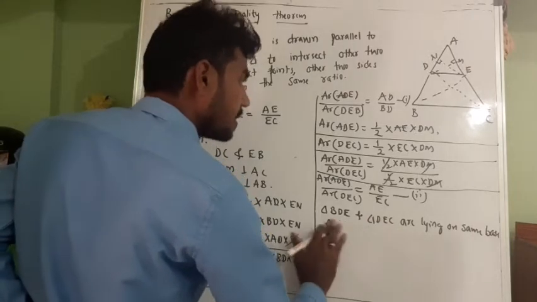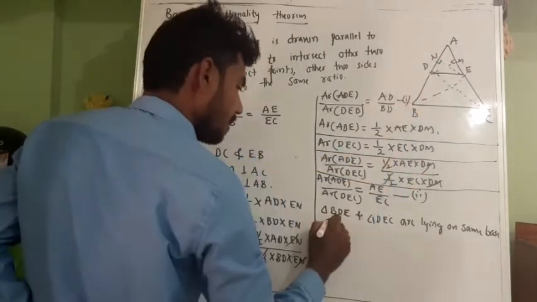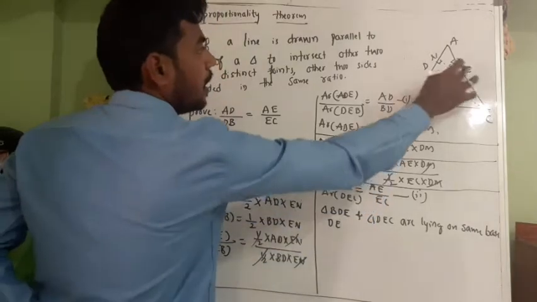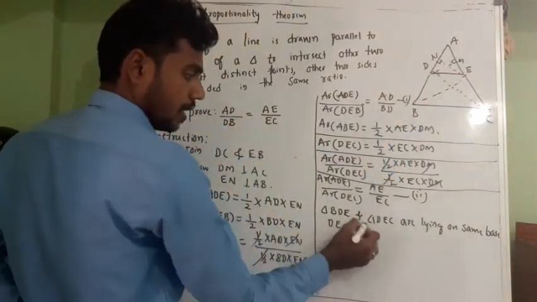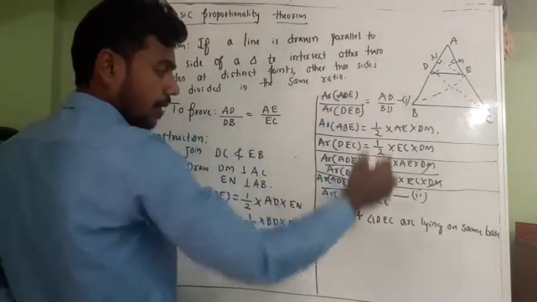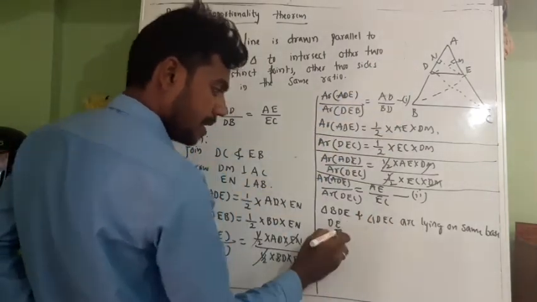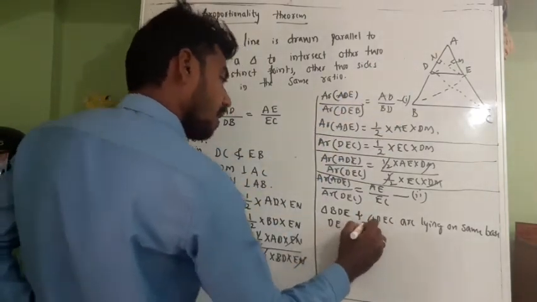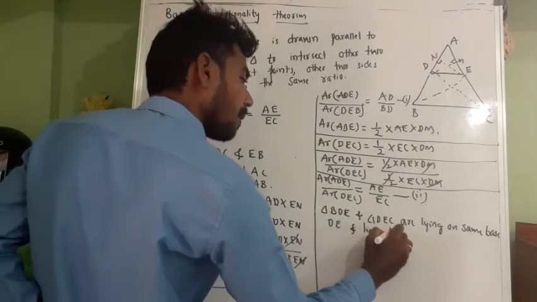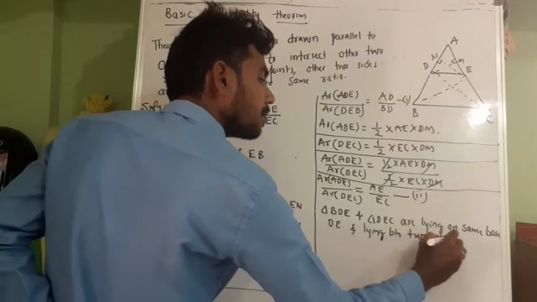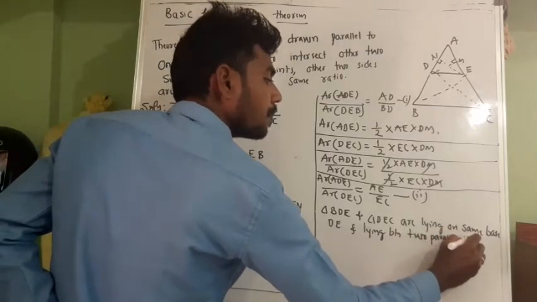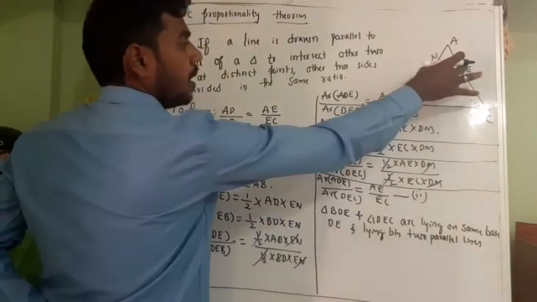Which is that base? DE is the base. See, DEB, DEC, they are lying on the same base. Triangle BDE and DEC are lying on the same base, DE, and lying between two parallel lines, DE and BC.